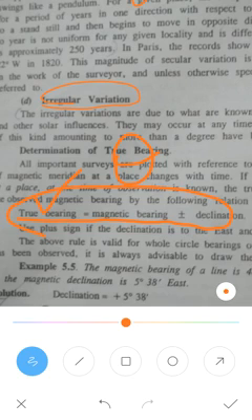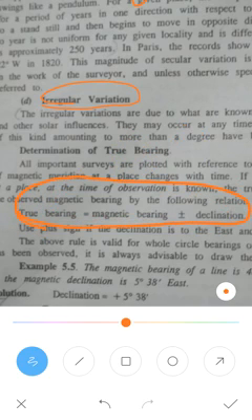Declination is the error, either positive or negative. That angle is declined, so we call it angle declination. So this is the minimum formula you have to keep in mind for solving the problem. Before going to the problem, you should memorize this formula.